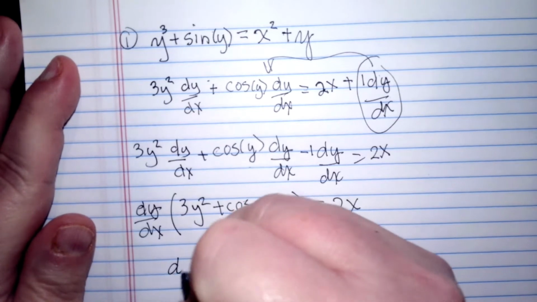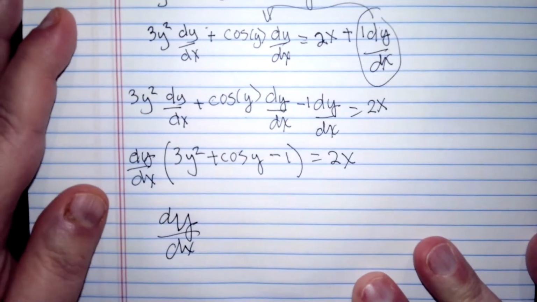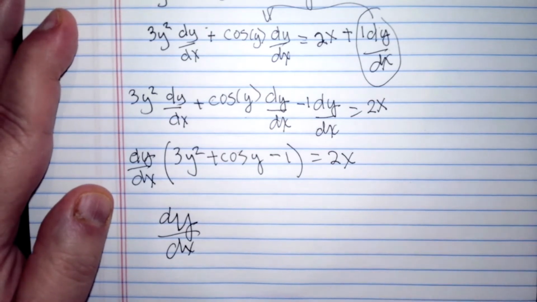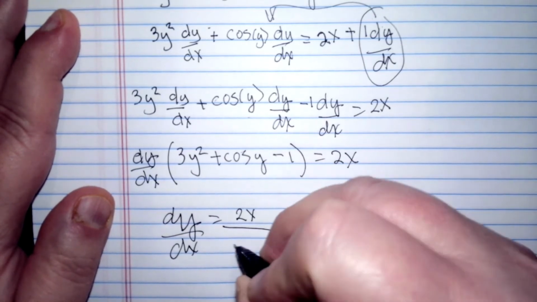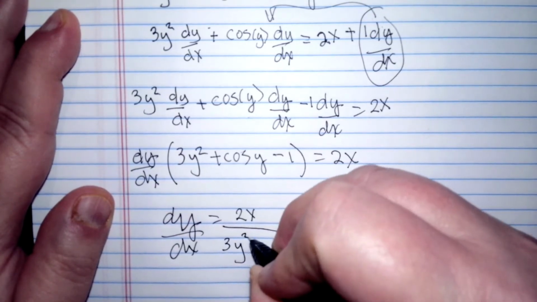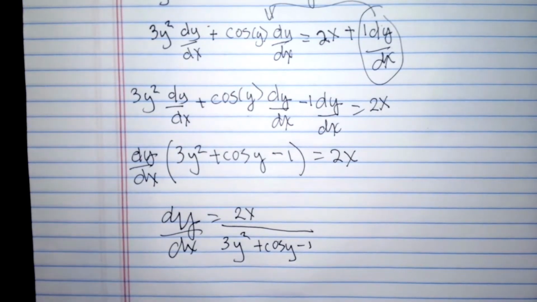And now divide each side by 3y squared plus cosine y minus 1, and we're finished. There we go.